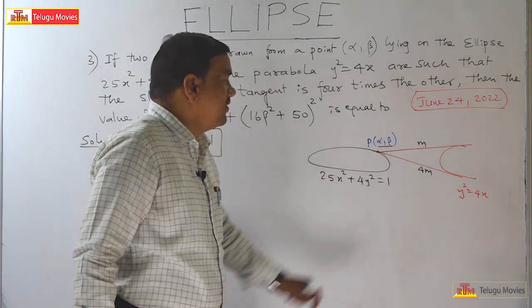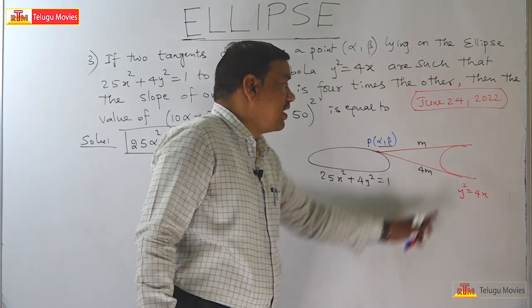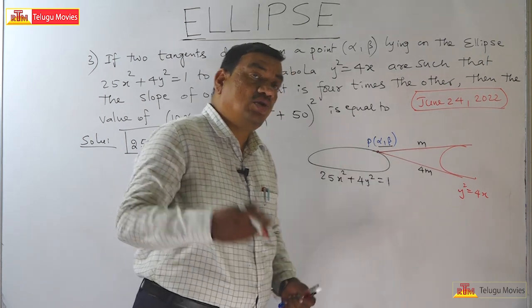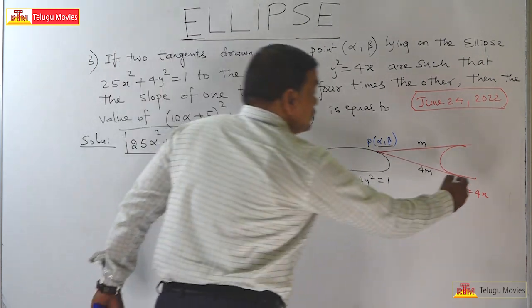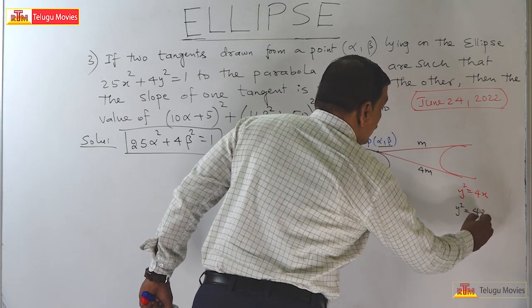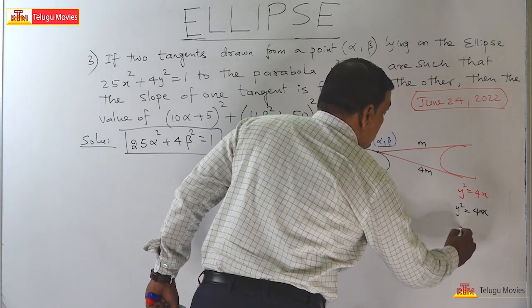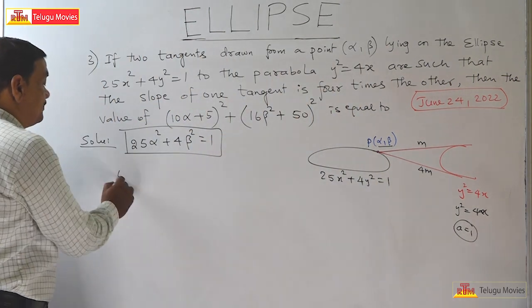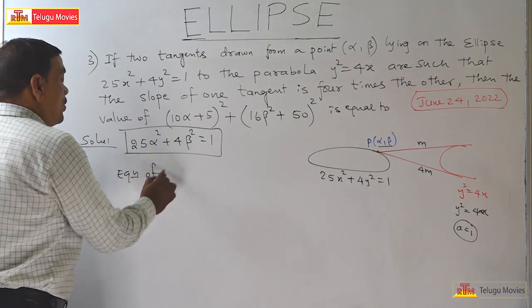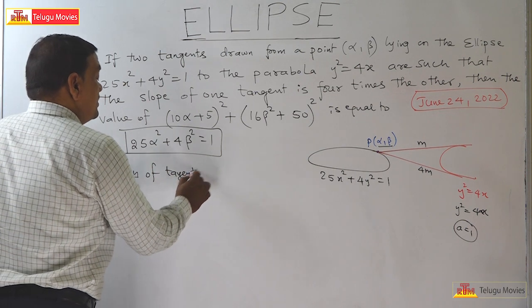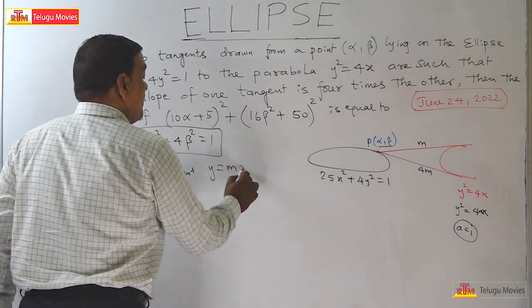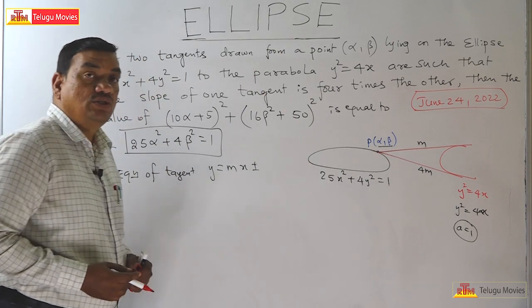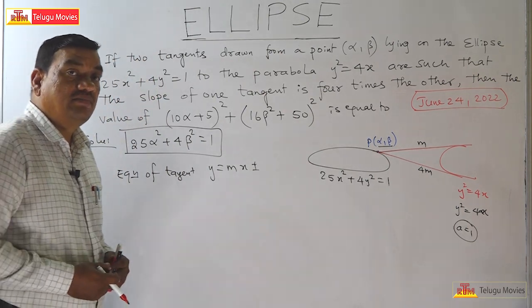The hint is that from the point (alpha, beta), we have drawn a tangent. Here y² = 4ax, therefore a = 1. So, what is the equation of the tangent? The equation of the tangent is y = mx + c, where c is a by m.